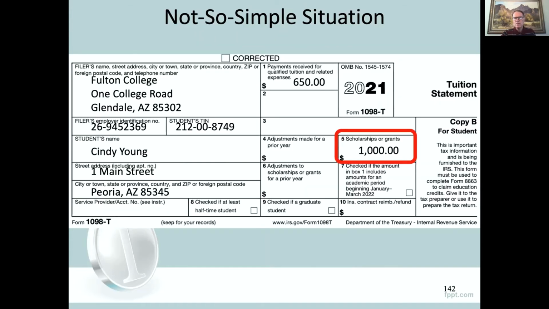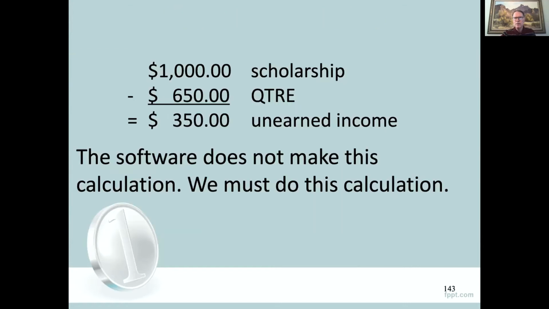Now this situation becomes a little more complex. We still have our qualified educational expenses in box 1, but in box 5, the scholarship now exceeds the qualified expenses. Now, we take our scholarship. The software doesn't do this. We have to do it.